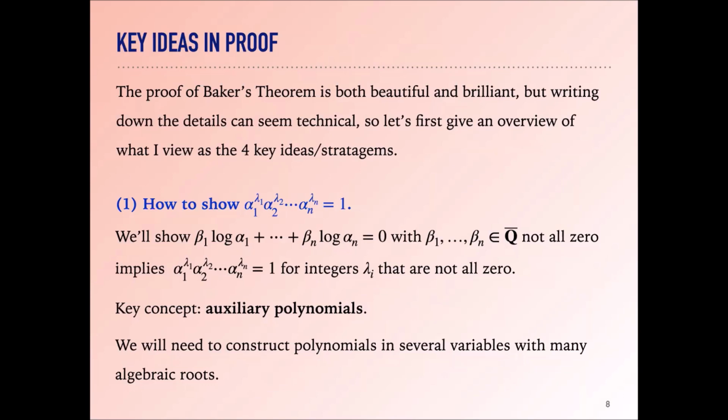So the first big step is how do you show that you have an expression like this, the product of alpha i to the lambda i equals 1. When I first heard the statement of this theorem, I was very naive. I thought that the way you prove it is you start with a linear dependence over Q bar.